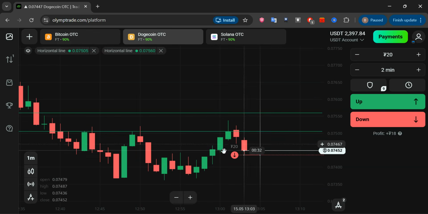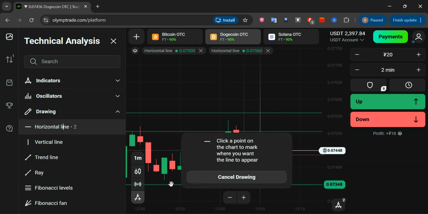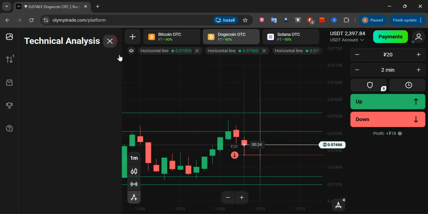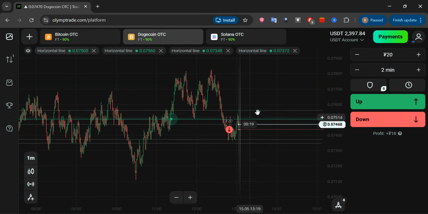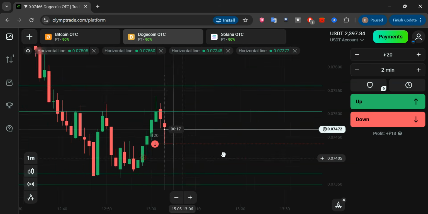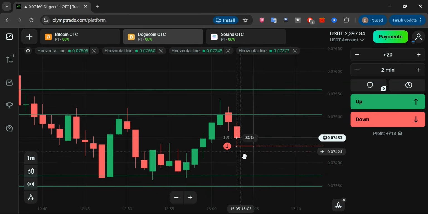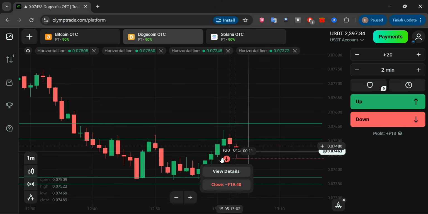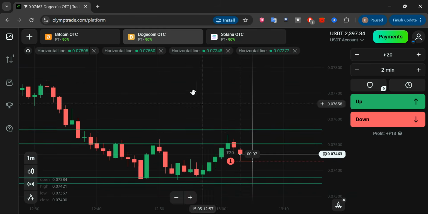So I've done a 2-minute expiry period, expecting the market to come to this lower area. And very strong rejection, but I expect the market to move more low to this support.